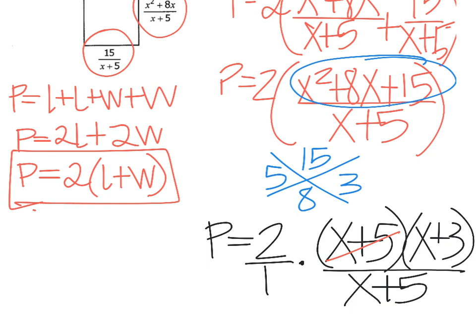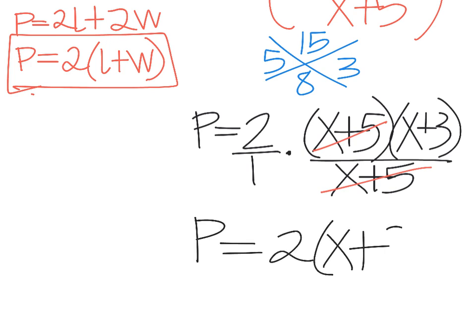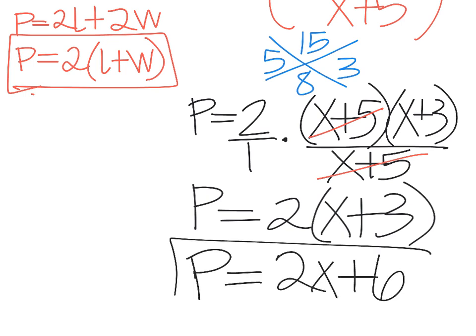Now, x plus 5 will cancel out, and what we're left with is P, or perimeter, equals 2 times x plus 3. All right, and if we multiply that out, we get that our perimeter equals 2x plus 6. And that's our final answer. Much simpler than what we started with.